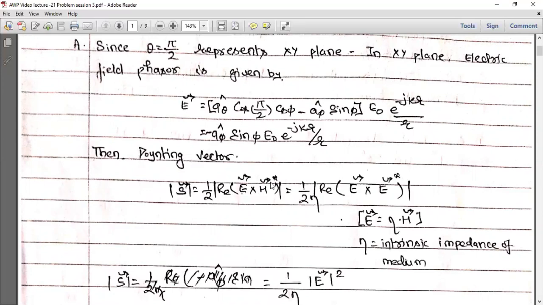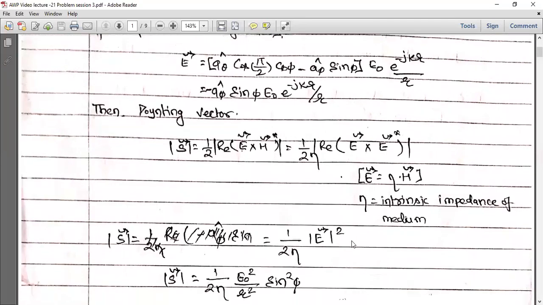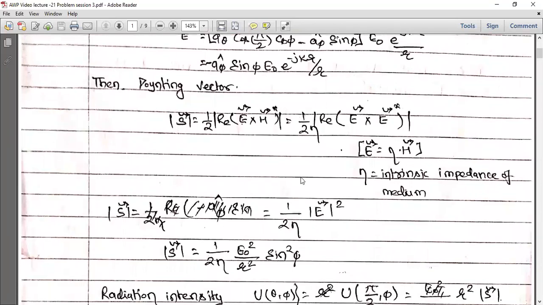So H star is the complex conjugate of magnetic field intensity, and we know very well that H star is equivalent to E star by eta. So we substitute the same thing here, this is the expression for magnitude. Finally, when we substitute the things, we get that the time average power density mod of S phasor is given by 1 by 2 eta into mod of E phasor square.